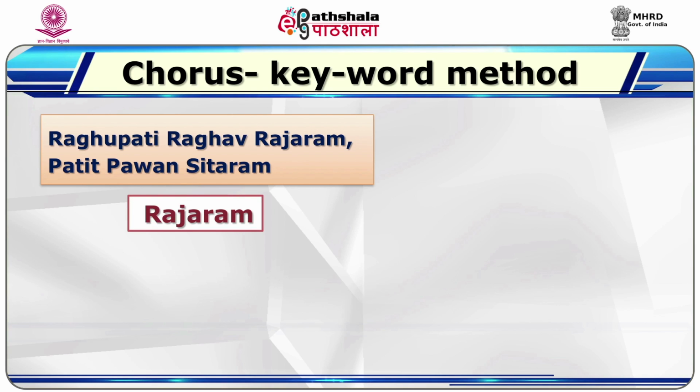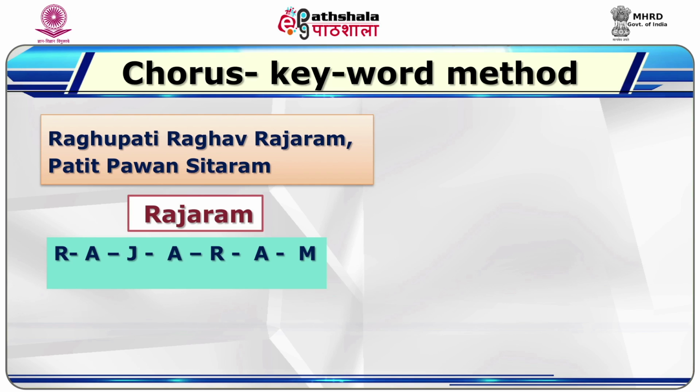Now once the word is selected, the teacher asks the learners to recognize the alphabets. From this word Raja Ram, the alphabets R, J, M and one vowel A are selected.